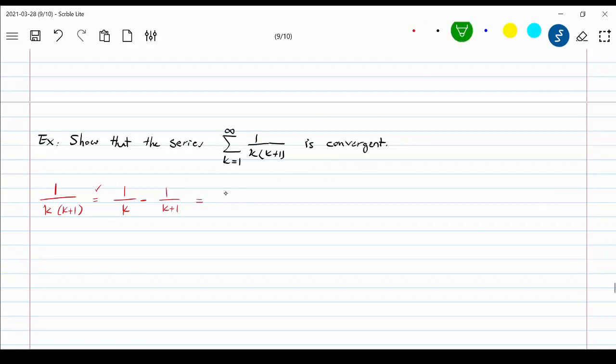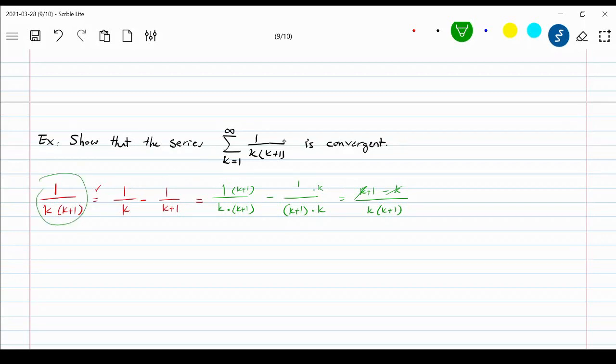If you multiply the first fraction by k plus 1 in the denominator and numerator, what we get is k plus 1 over k times k plus 1, and here you get 1 over k plus 1. If I multiply the second by k, top and bottom, I will get the same denominator for both of them, and the numerator for the first one is k plus 1, for the second one is k. And the difference will give you exactly what you have.